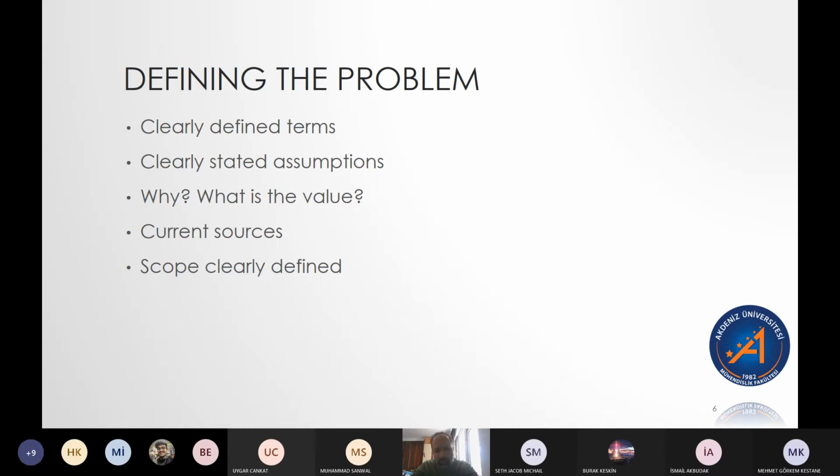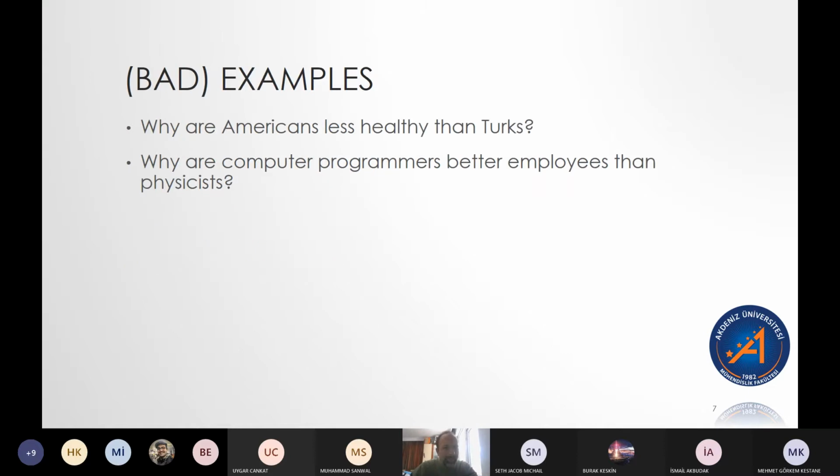Okay, so I have a couple of bad examples. I would like us to consider and help us understand what makes them bad. What are these not okay examples? These not okay research topics?